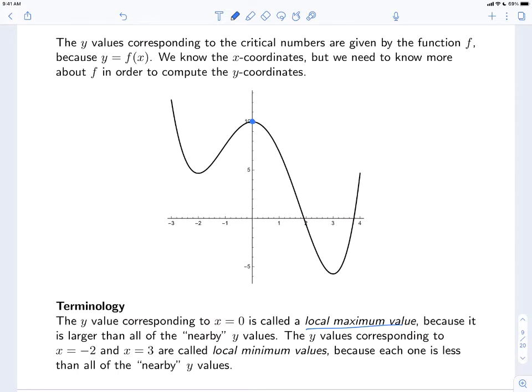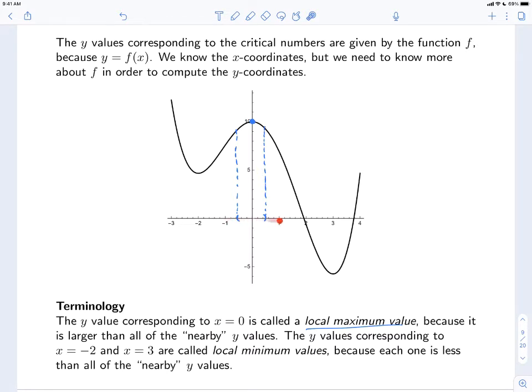When we say it's larger than the nearby values, what that means is that we can find some little open interval around x equals 0, containing x equals 0, so that this y-value is larger than all of the other y-values that correspond to x's in that interval.